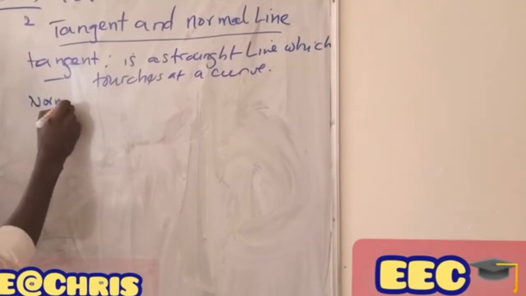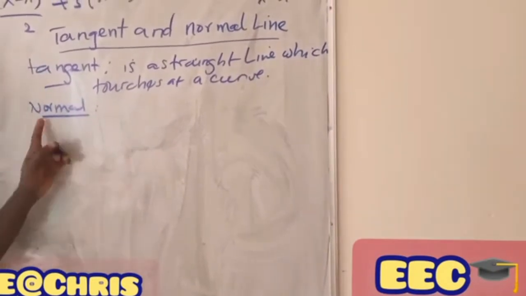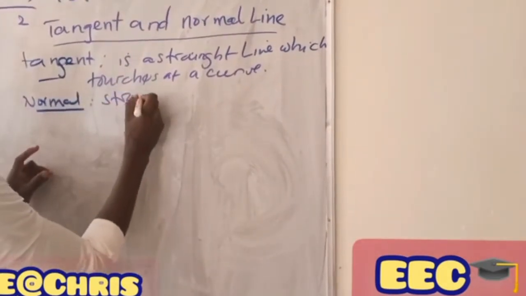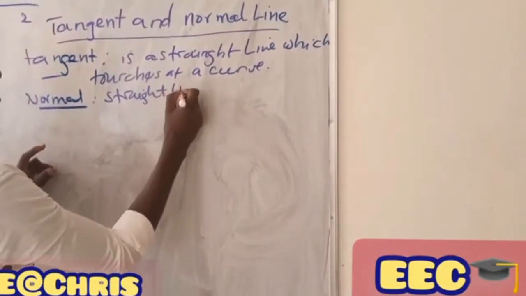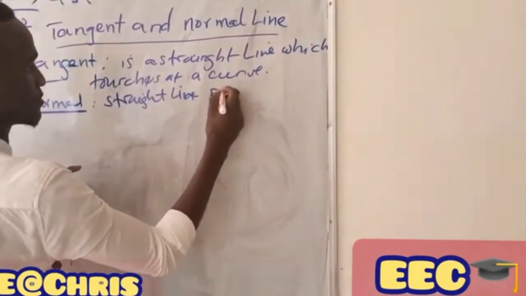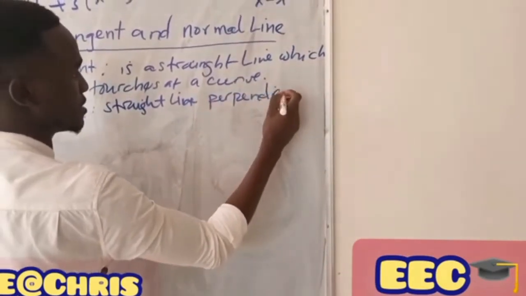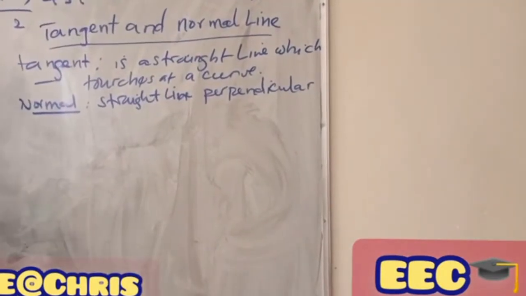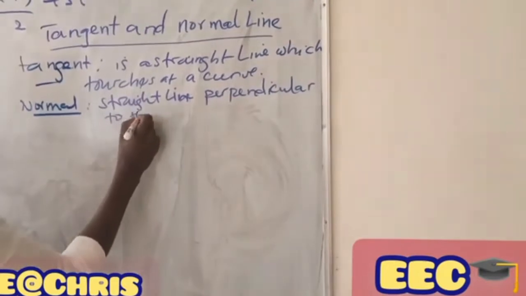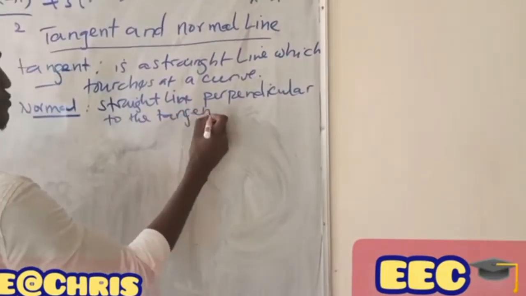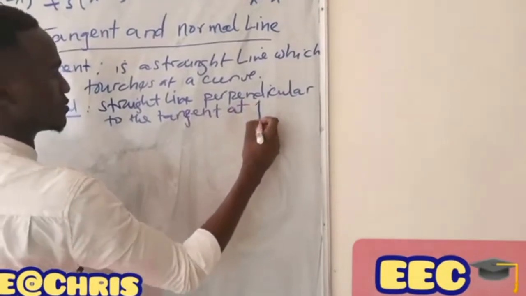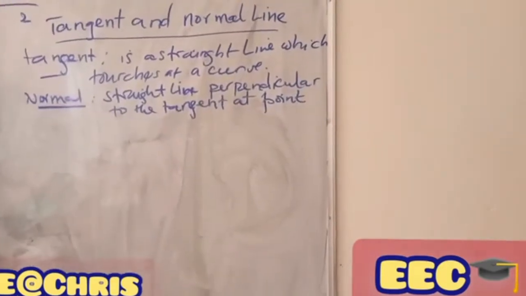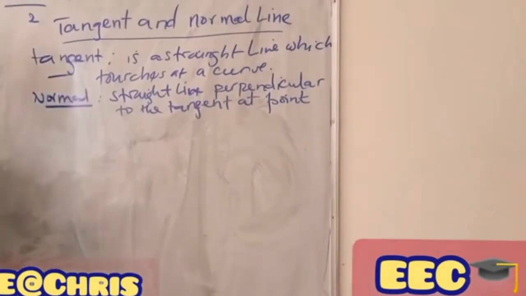Normal is a straight line perpendicular to the tangent at the point where it meets the curve.